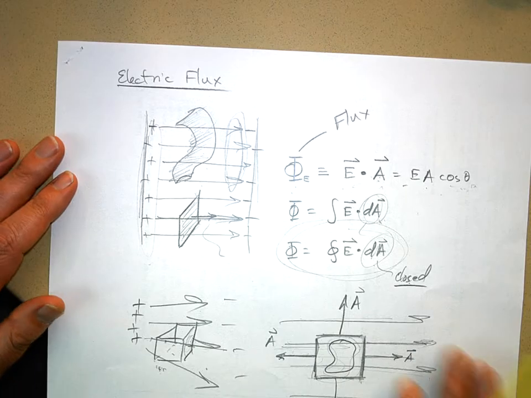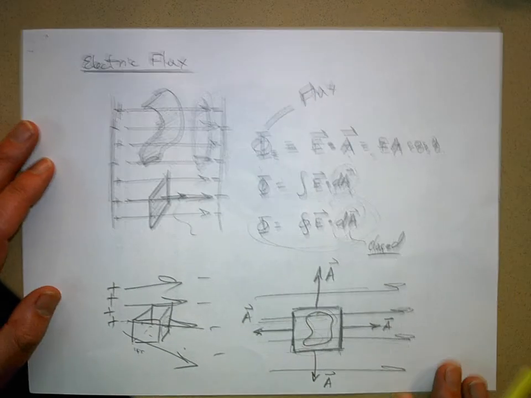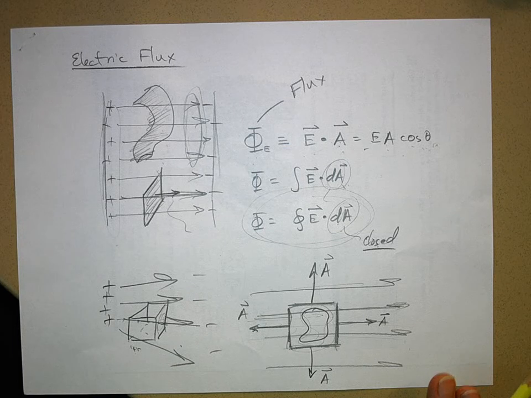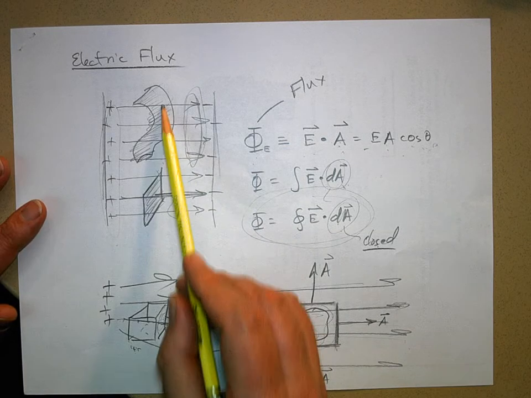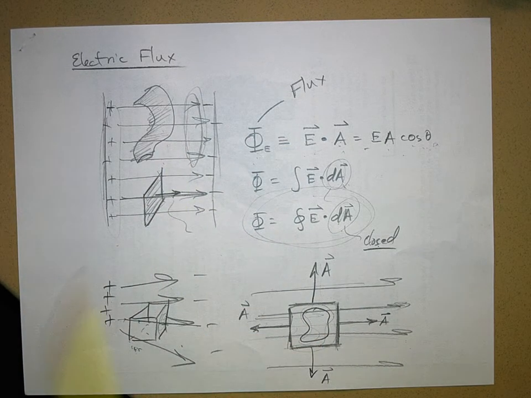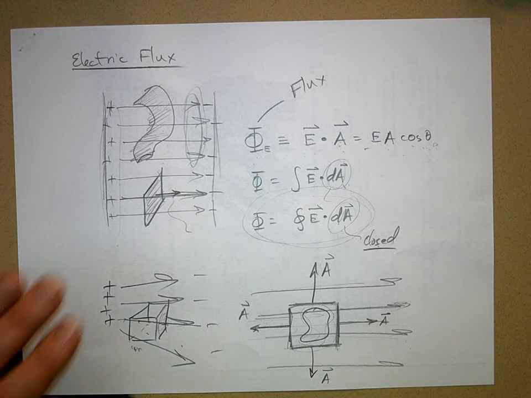Then we defined electric flux. Electric flux is just kind of a representation of how much charge has been separated. The more charge has been separated, the more lines of flux you would draw, depending on the situation. This led us to Gauss's law.